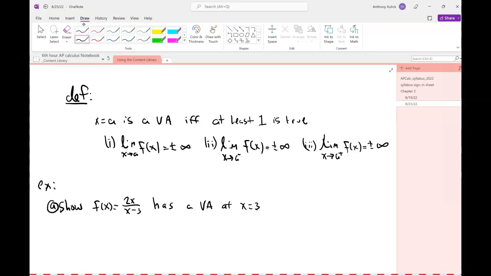Okay, so here we're asked to show that f of x equals 2x over x minus 3 has a vertical asymptote at x equals 3. So what do I need to do this? I need to show one of these three things. Any one of those three would be enough, though. So to start this, what do you think would be the easiest thing to do?